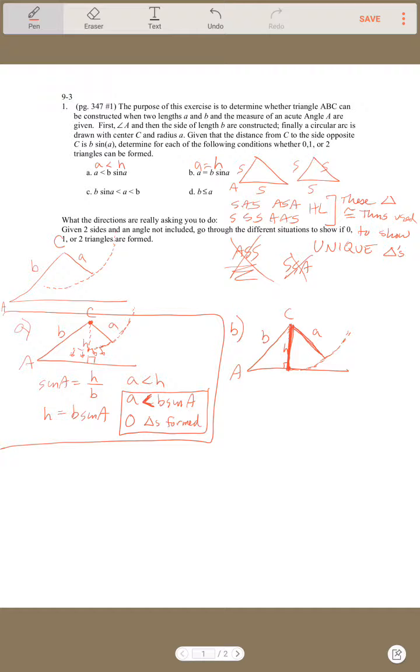So what you end up seeing there is that if A is equal to H, or in other words, we said A is equal to B sine A, you notice that you form how many triangles? You form one right triangle. Because the only place it touches is when you get the height.